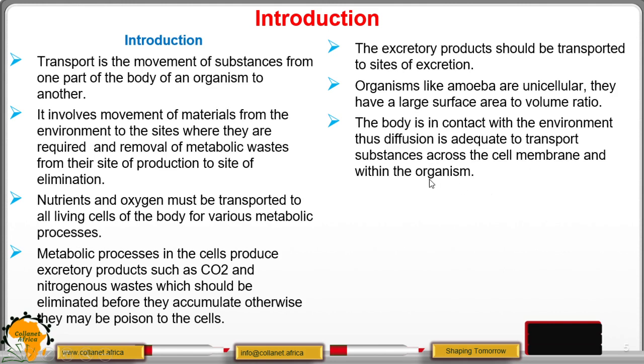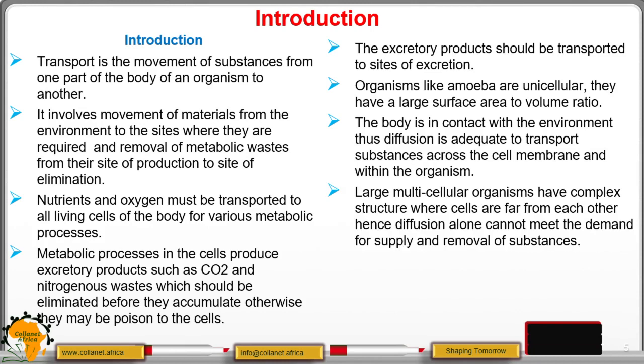And remember, diffusion is that process whereby particles or molecules move from a region of high concentration to a region of low concentration across a semi-permeable membrane. And the cell membrane is semi-permeable. That means it allows only substances that are small in size to pass through, but not large ones.